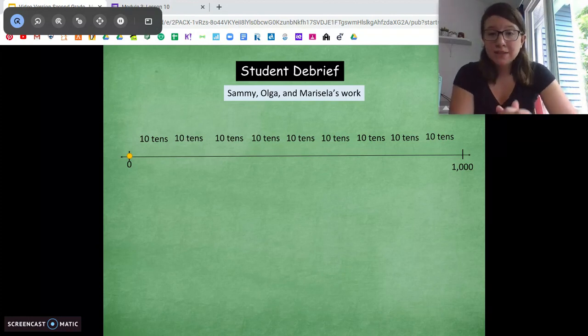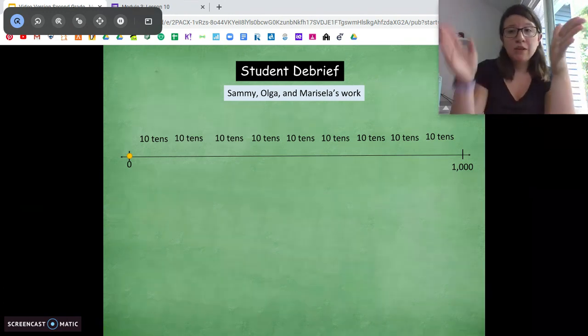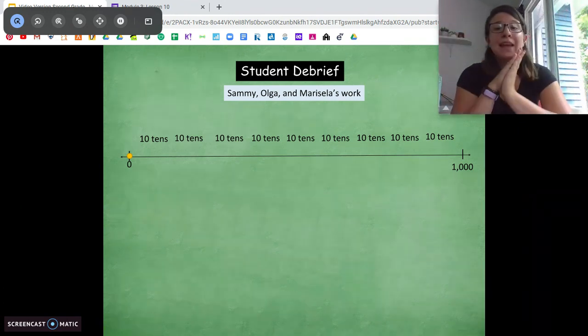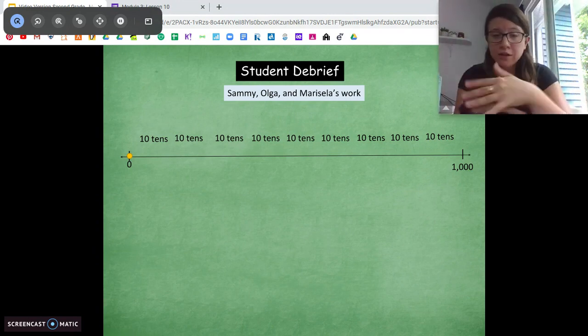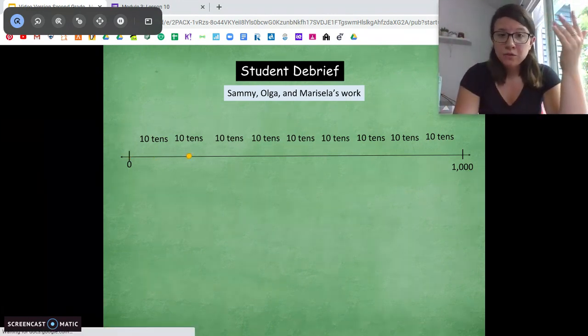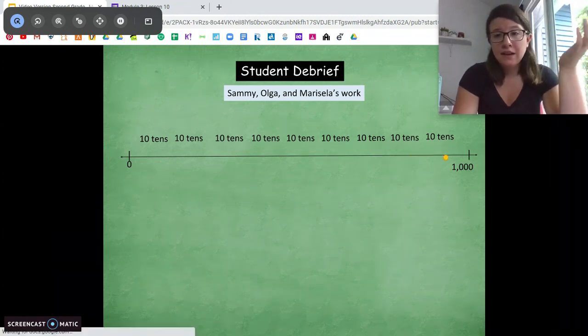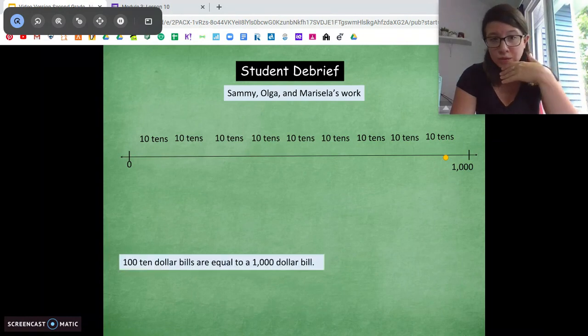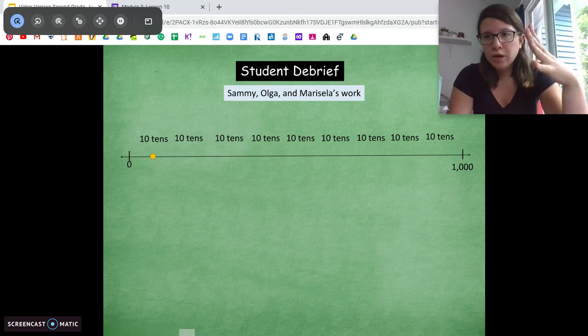Sammy, Olga, and Marcella made a number line. So what they did is they started at 0 and counted to 1,000. And they counted by 10 tens. 10 tens equal 100. So they counted 10, 20, 30, 40, 50, 60, 70, 80, 90, 100. So each of these is 100.